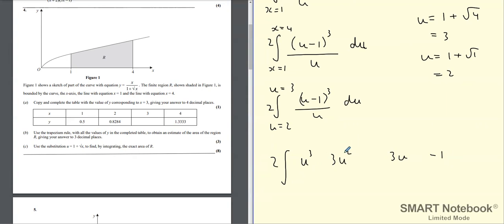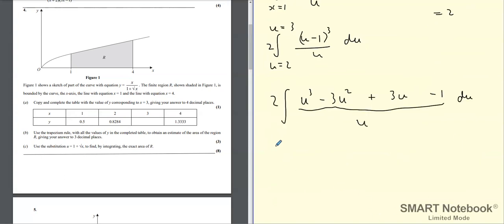So this has been multiplied by minus 1. So this is minus 1 squared is positive, and your last term was minus 1 cubed, which is minus 1. And this is all over u du. The limits are u equals 3 and u equals 2.